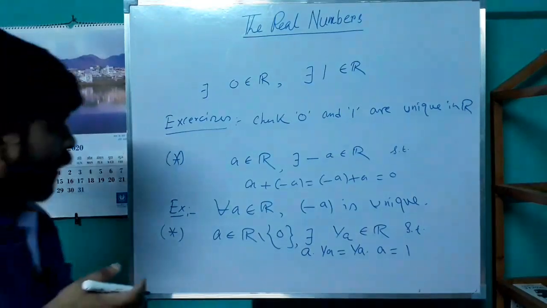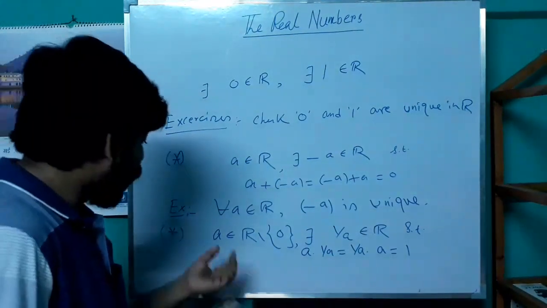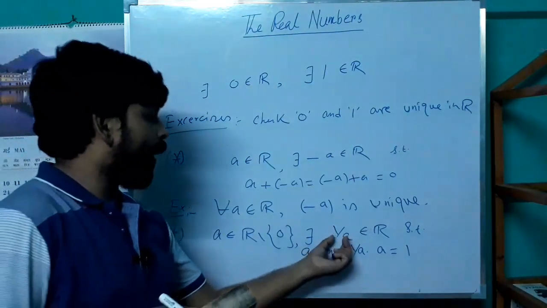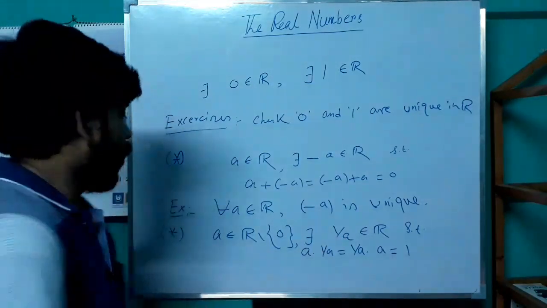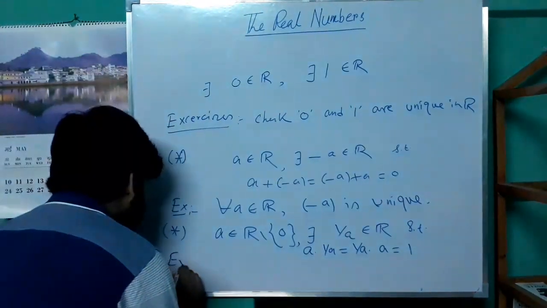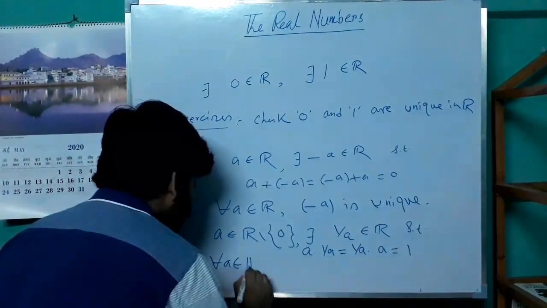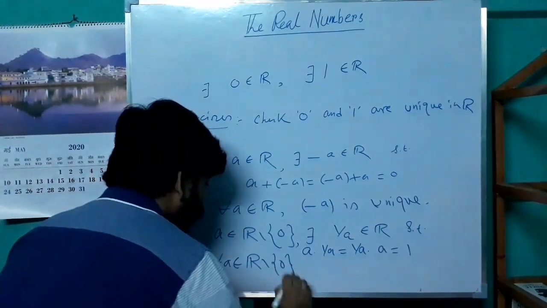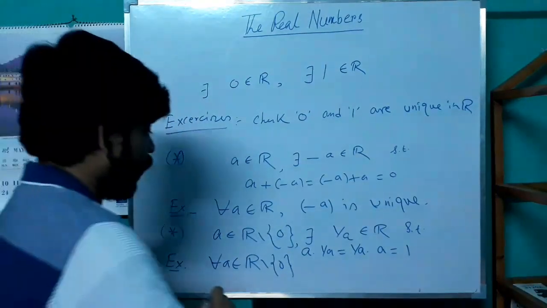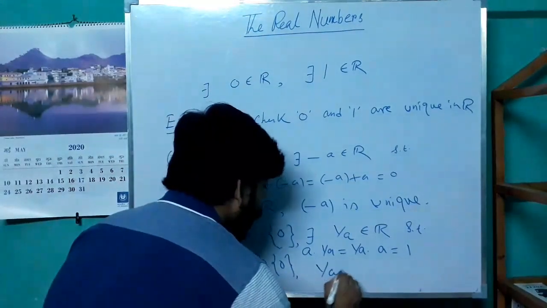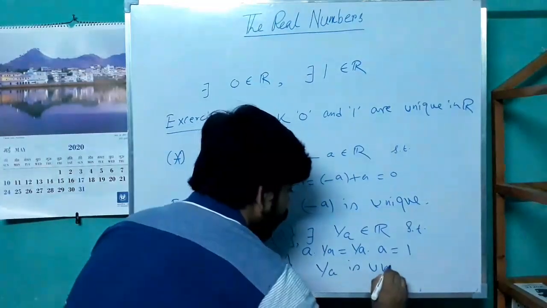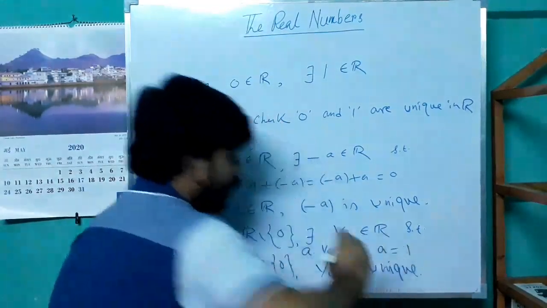So similarly the natural question is whether for every non-zero A the element 1 by A is unique or not. So next exercise, that for every non-zero element A, 1 by A is unique.